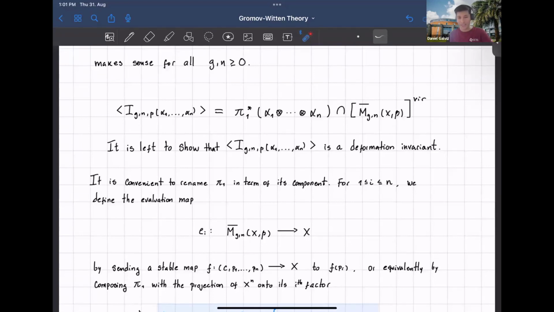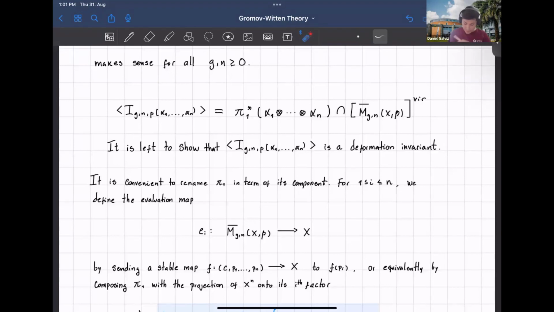For each of these marking points, you will have an evaluation map, which takes this moduli space of stable curves to X. Remember that this is not anymore the curve; we define this as an algebraic variety, so it makes sense.